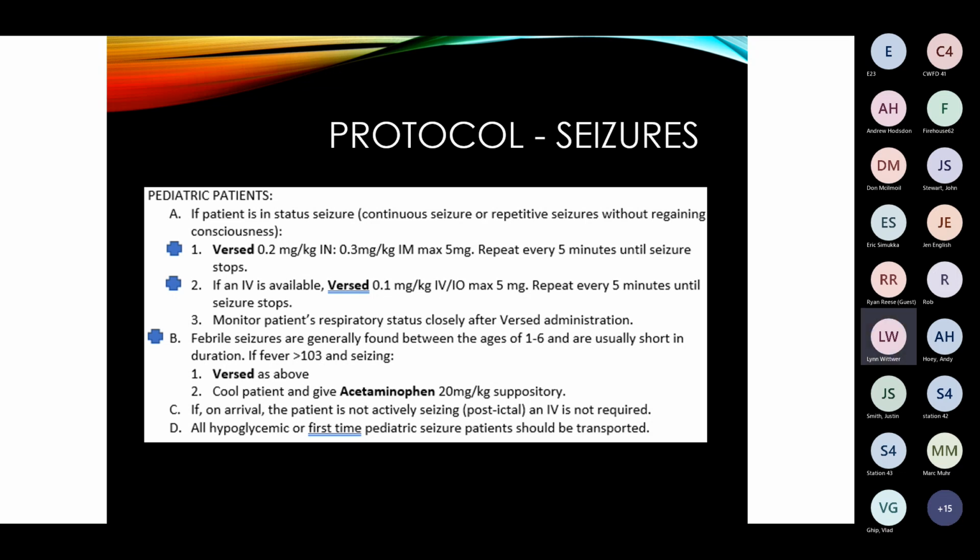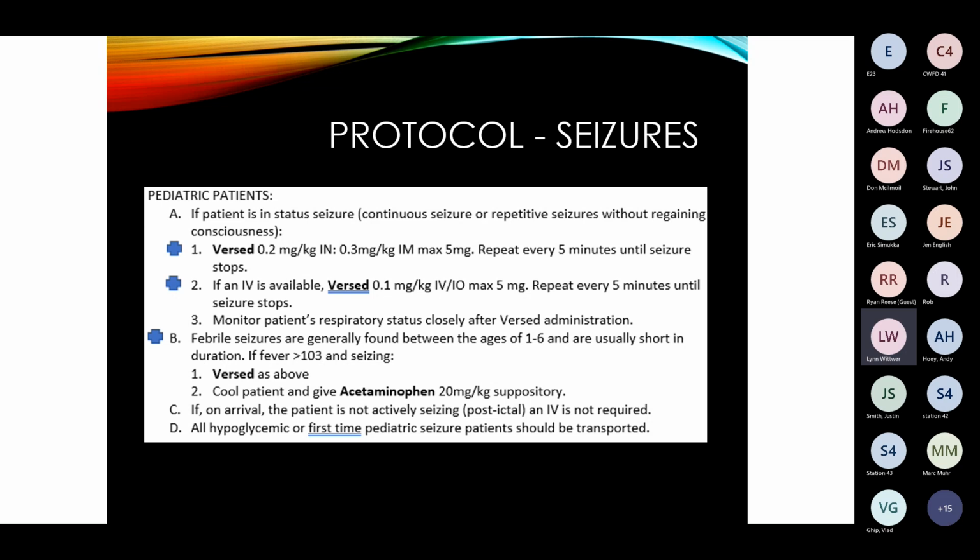But if you believe the child is still seizing, if they're not obviously postictal and awake, if they're just quiet, not awake, staring straight ahead, or eyes deviated, that's still a seizure. Give them the Versed. And of course, you would check blood glucose as well. Any hypoglycemic or first-time pediatric seizure patient has to be transported.